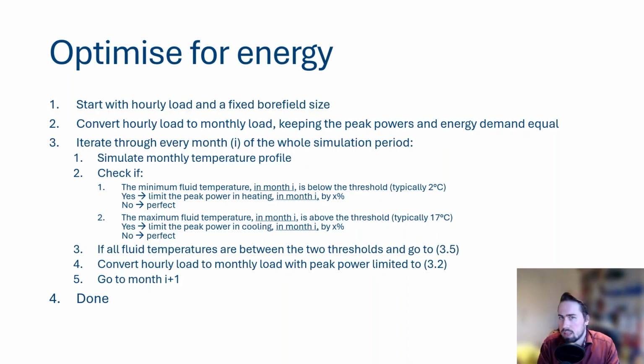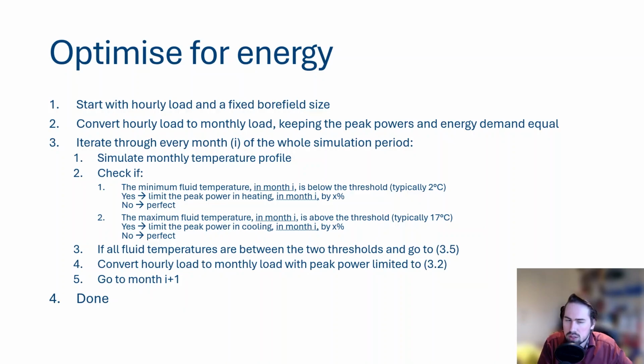And the same with the maximum fluid temperature limit. So if we have too much cooling power, we can cross this maximum threshold, and we know that we need to decrease the power in month i by X%.